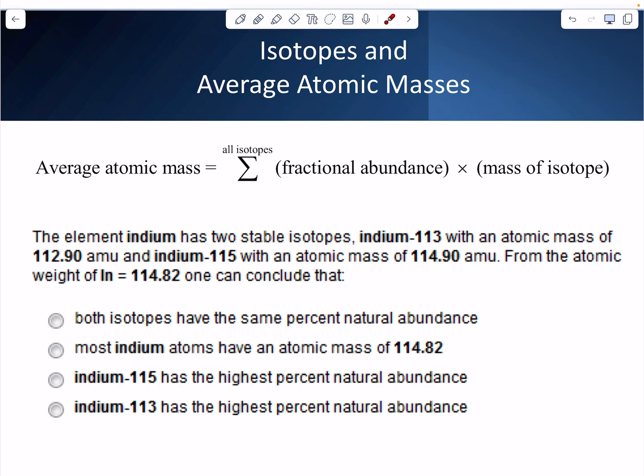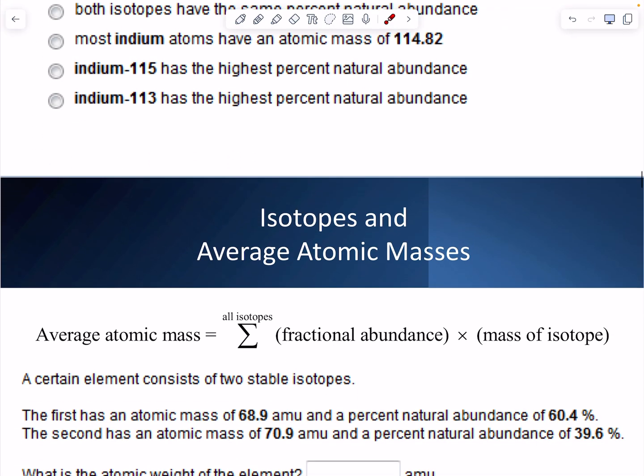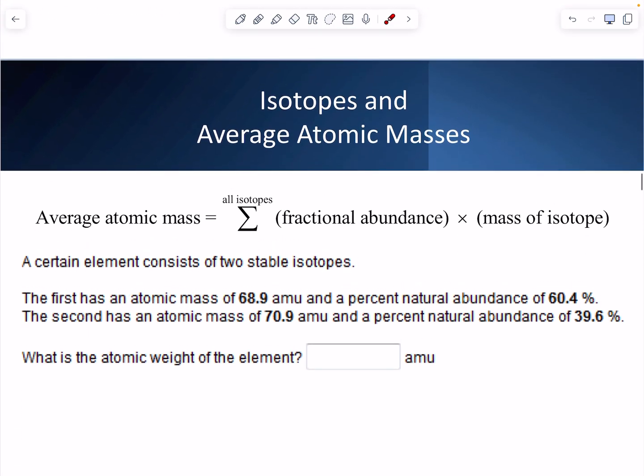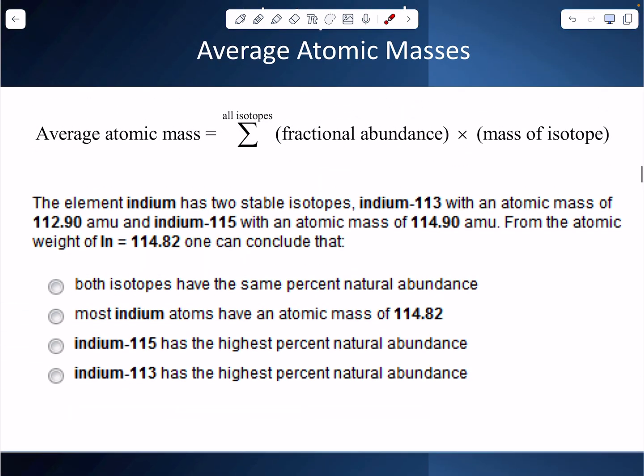And in this case, we're going to be doing some calculation and some just reasoning it out, okay? So sometimes you don't have to do a full-fledged calculation to figure something out, okay?